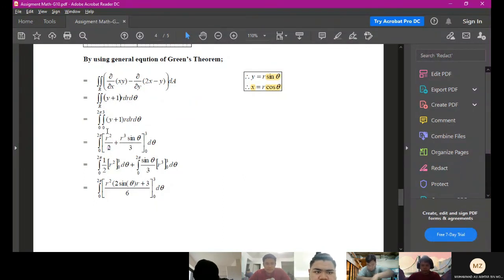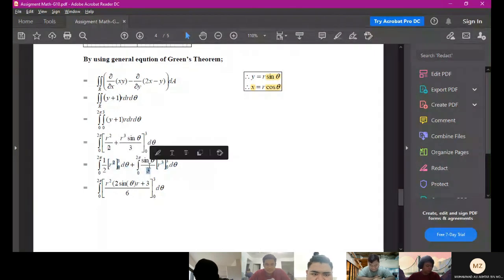Then we integrate with the limit of 0 to 3, and we get r squared over 2 plus r cubed sine theta over 3, with limits of 0 and 3, d theta. Then we divide it into two parts: one for r squared, and one for r cubed sine theta.